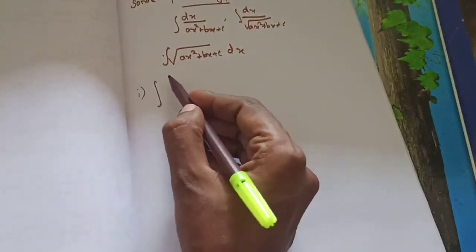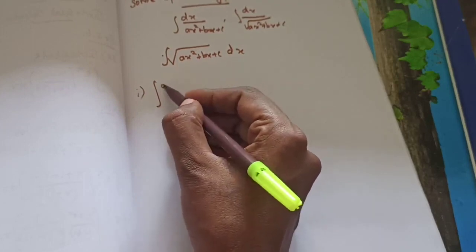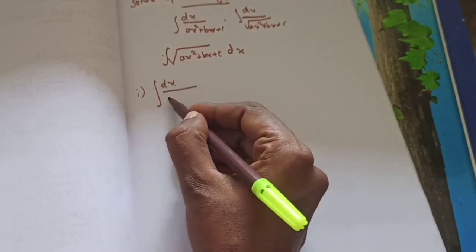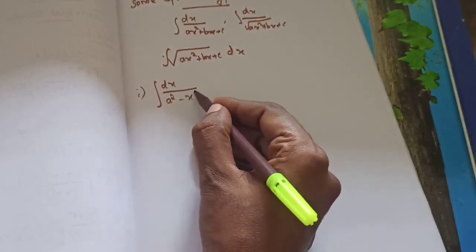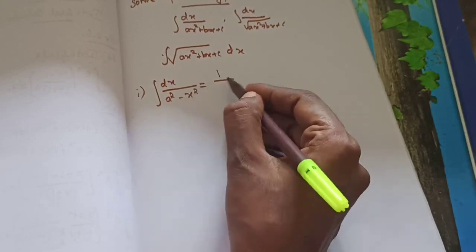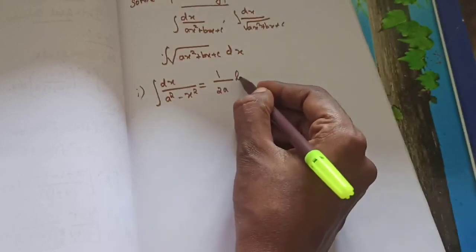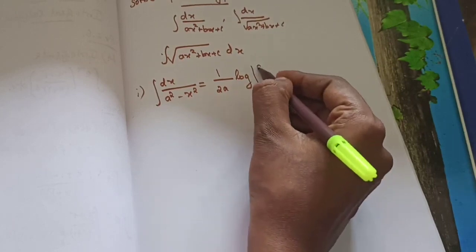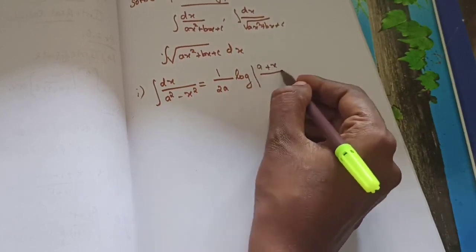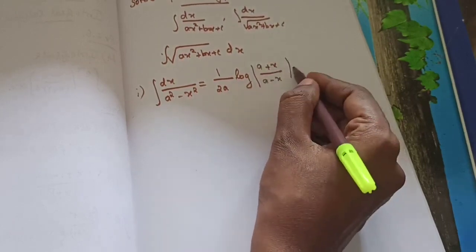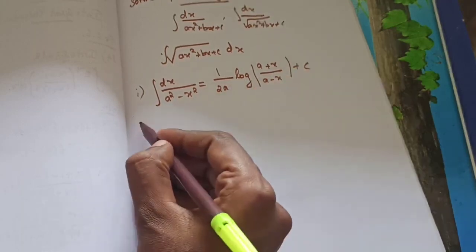First formula, please children take down your notes. Integral dx divided by a square minus x square is equal to 1 by 2a into log of modulus of a plus x divided by a minus x plus c. This is the first formula.